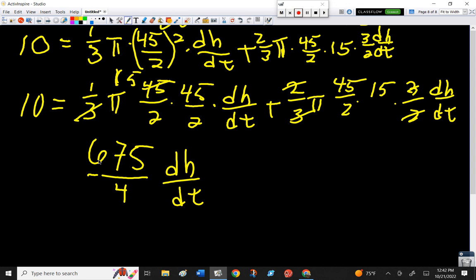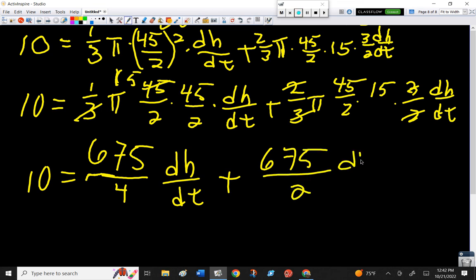All right, and yeah, that makes sense. And that's still over 4. Don't forget that this is equal to 10 plus, now I got 45 times 15 again. Yeah, I know what that is. And that one's going to be over 2. So I'm going to say 675 over 2 dH dt.